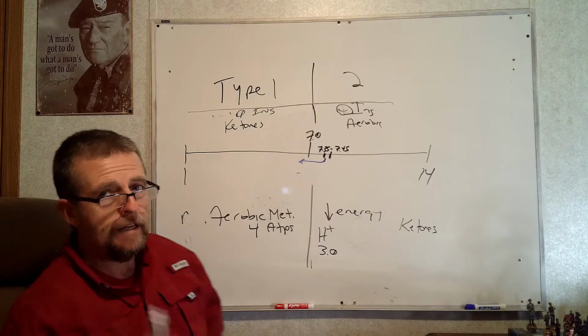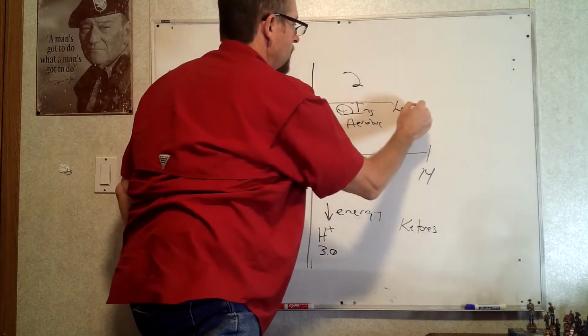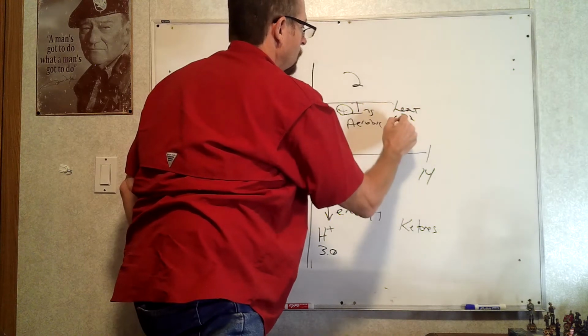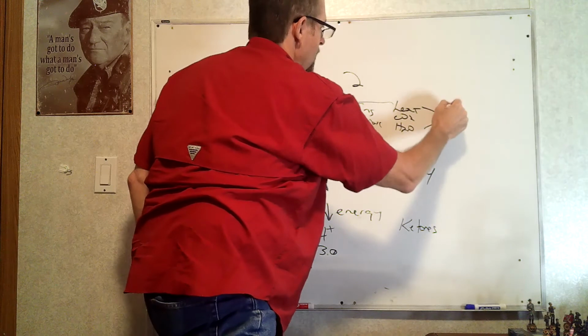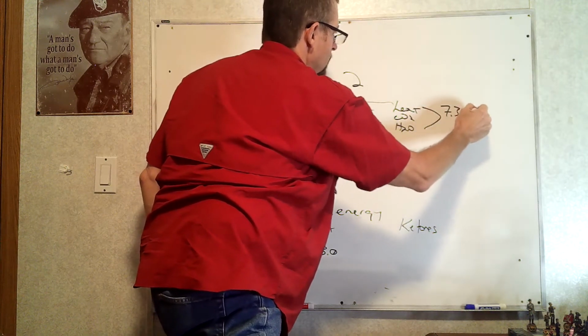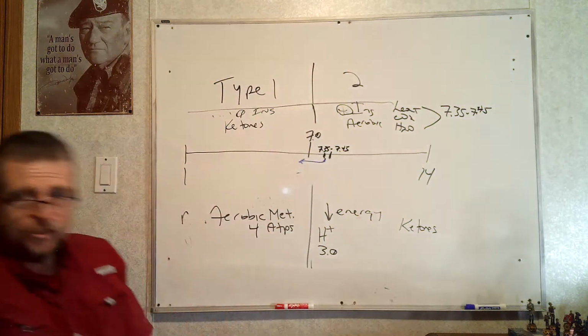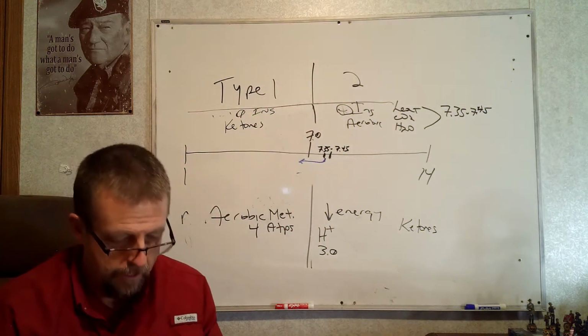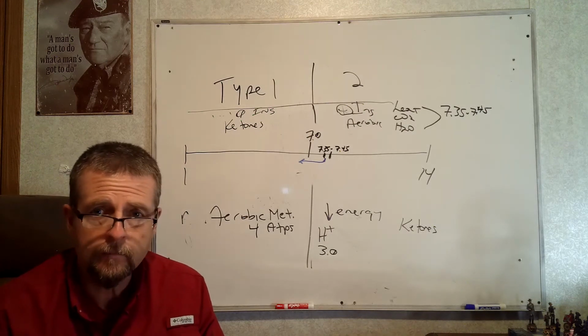If we remain aerobic, we continue with heat, CO2, water, and we stay 7.35 to 7.45. We do not become acidotic.